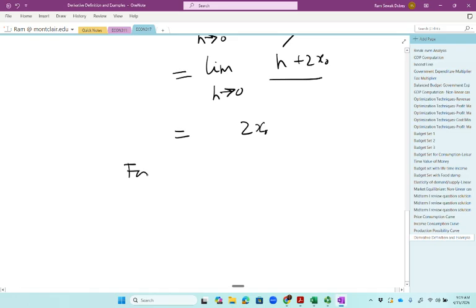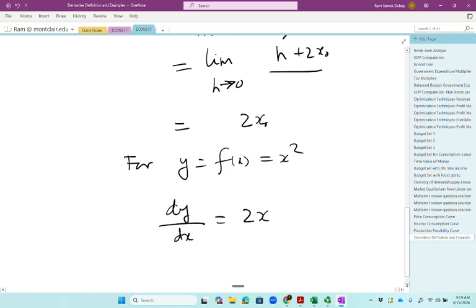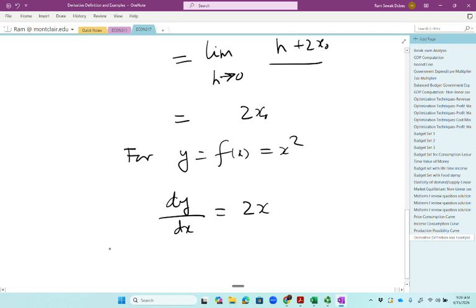So for y equal to f of x, which is x square, what we have obtained is dy over dx being equal to 2x. I am writing it in general form without resorting to x0 because we can pick any value of x and obtain the derivative at that point. So let's take some examples.